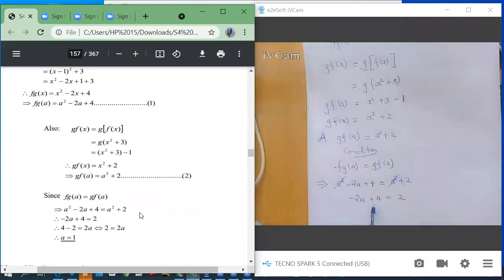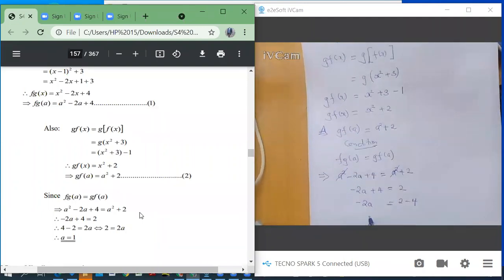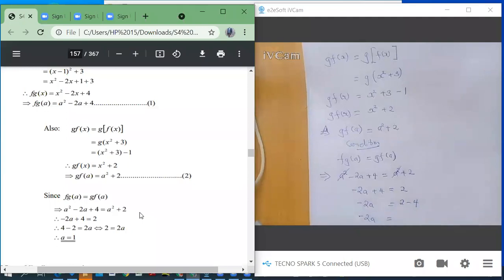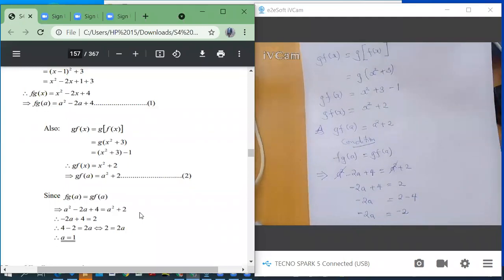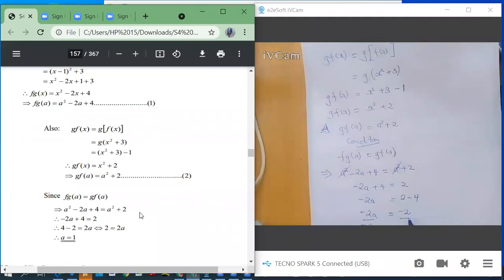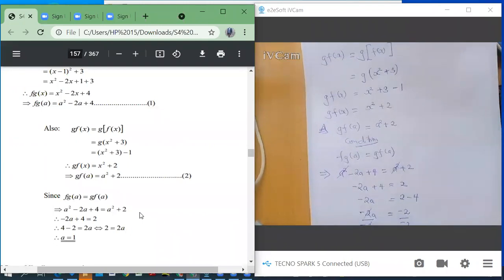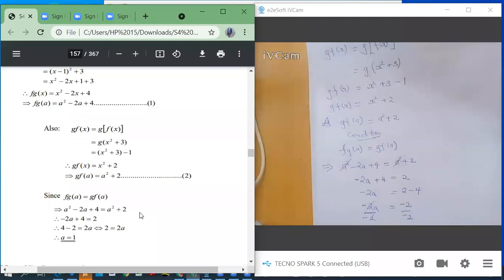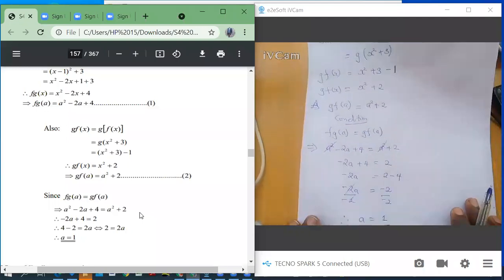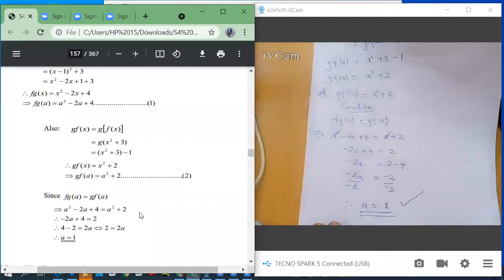We want a, so we take the 4 to the other side. Negative 2a equals 2 minus 4, which is negative 2. Divide all through by negative 2. Therefore, our a is positive 1.